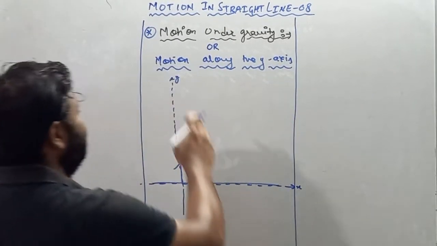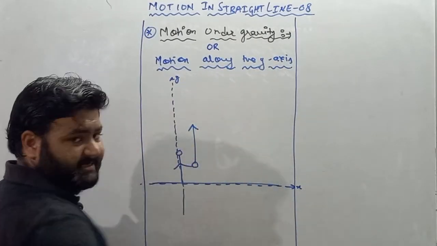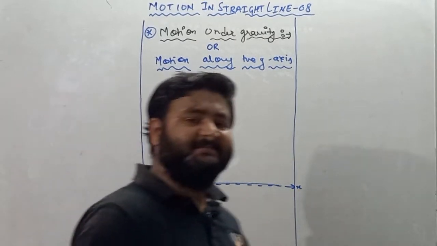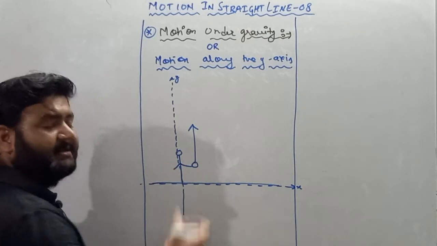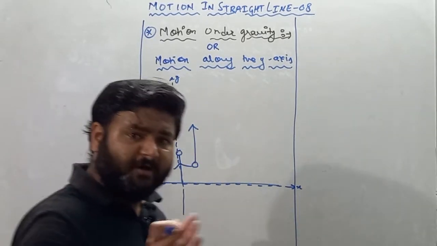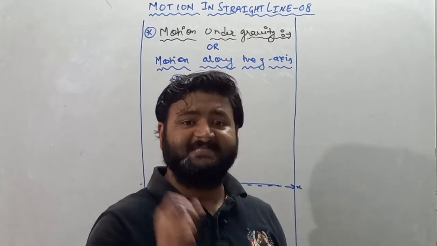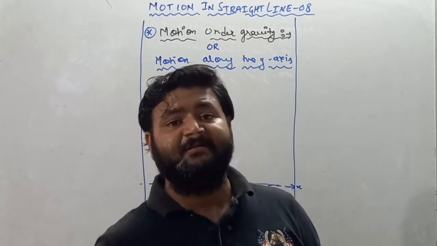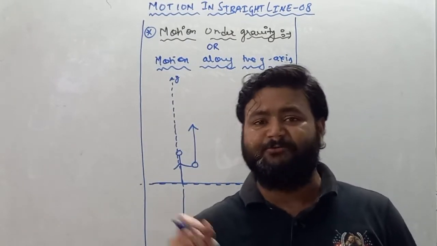Now why do we say motion under gravity instead of motion along the y-axis? Simple, understand this thing beta. If I am throwing a ball in the upward direction, or the particle is moving along the y-axis, then the only acceleration acting on the particle is acceleration due to gravity.